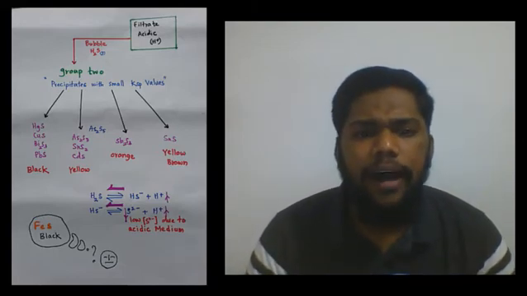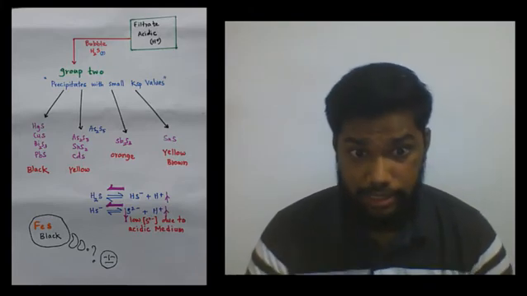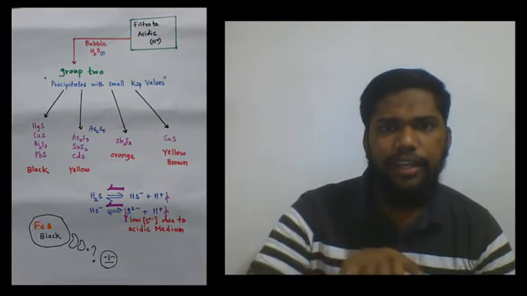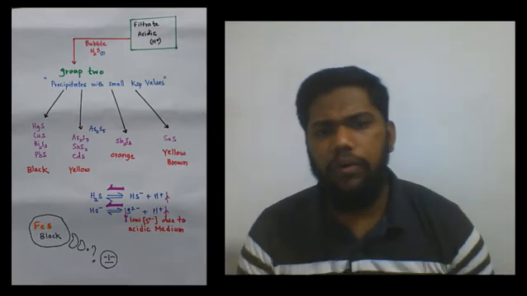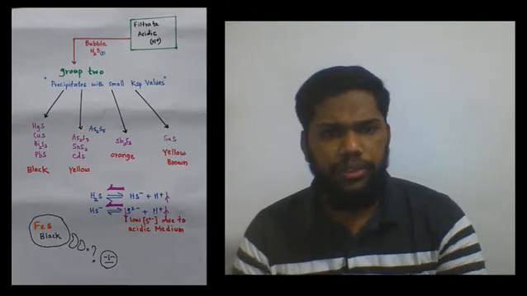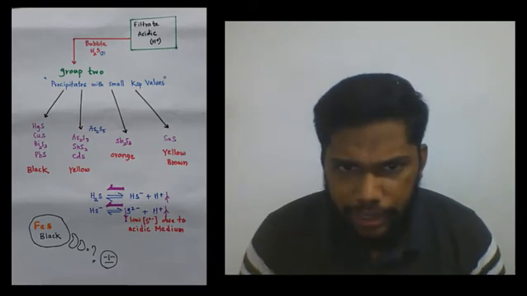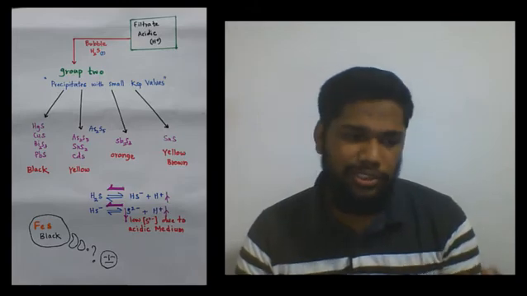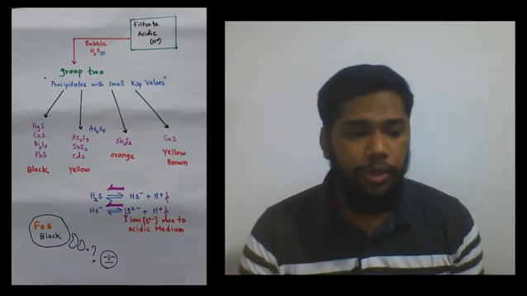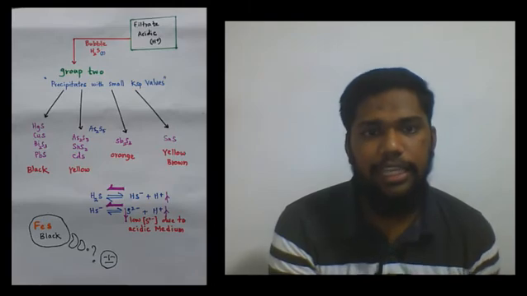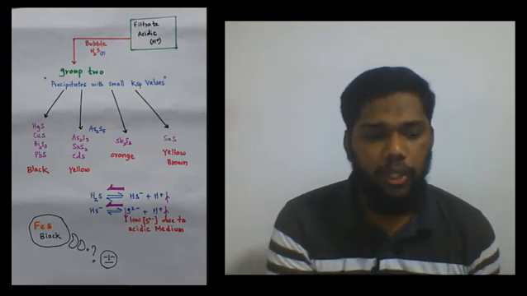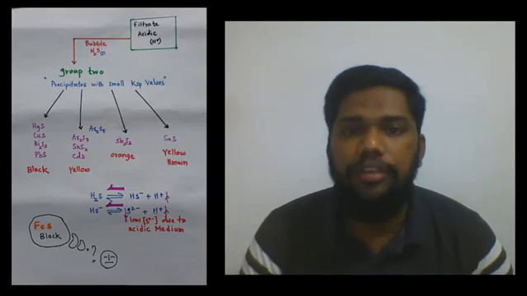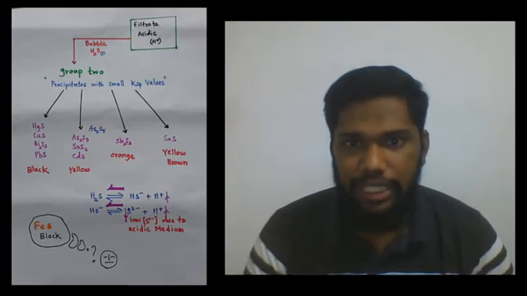And I have written another thing that is called FeS. FeS is black. So why have I written that? This directly relates with the Ksp value. In this particular solution, FeS is not precipitated because the concentration of Fe2 plus in the solution is not enough to exceed the Ksp value of ferrous sulfide, FeS.